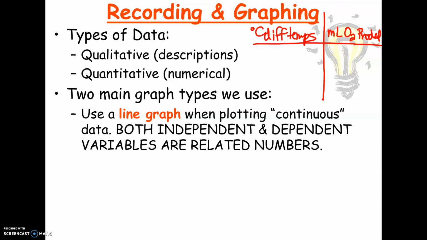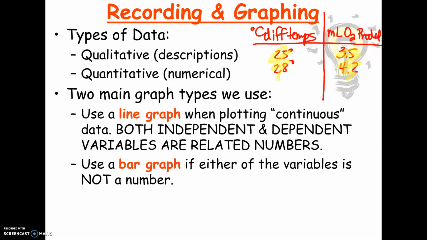You're going to have numbers here, 25 degrees, 28 degrees, and then you're going to be measuring how many milliliters of oxygen they make. So maybe they make 3.5 milliliters, 4.2 milliliters, etc. Notice how both of these are numerical. So this is going to lend itself to a line graph, not a bar.